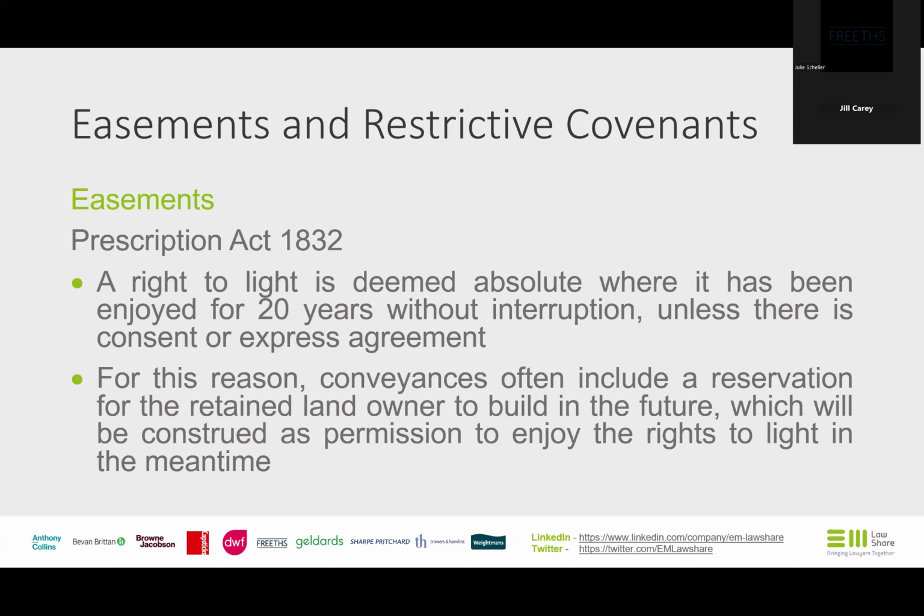So for that reason, when we do modern conveyances now, you'll often see there's a reservation for the person who's retaining the land to build in the future, even if it interferes with rights to light. That will be construed as express written permission to enjoy the rights to light, which would defeat the claim for an easement for a right to light under the Prescription Act.